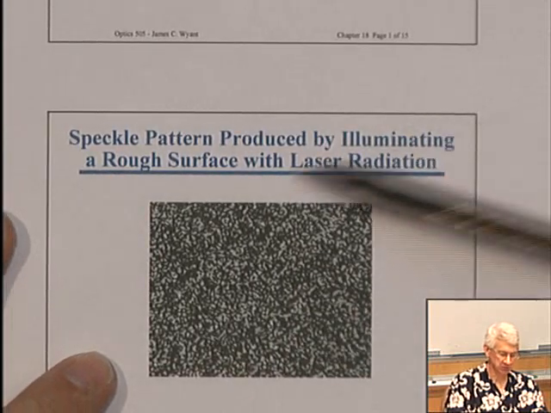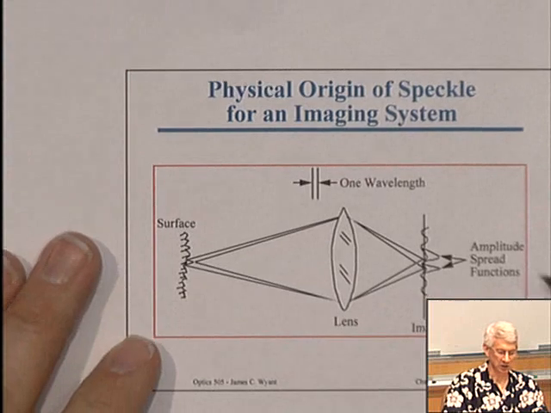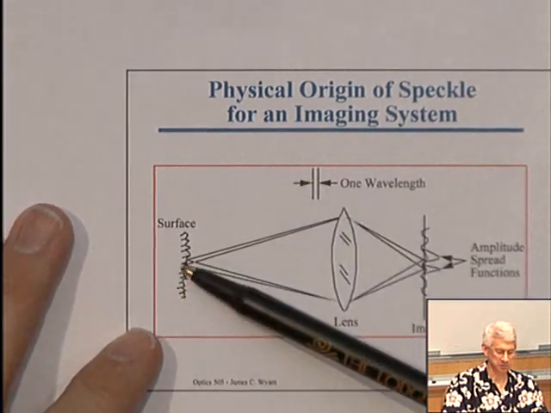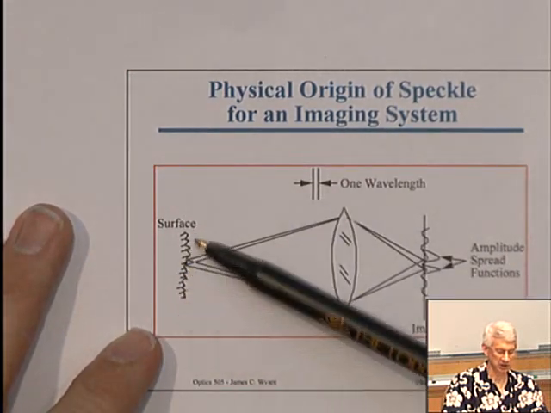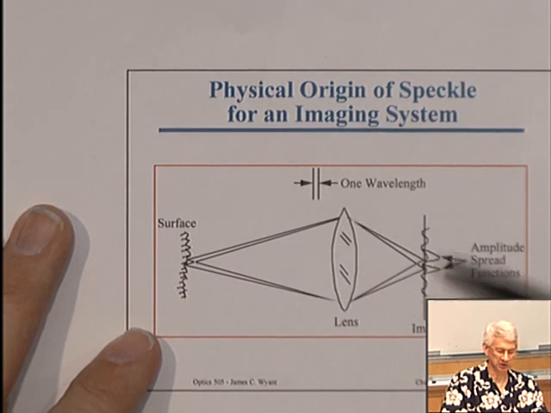So, speckle pattern. We just saw an example of one a minute ago. It's got to be a rough surface, and you've got to be some distance away. The basic problem here is that we've got a rough surface through an optical system. We're going to have different PSFs, and the phases of those PSFs, from a coherently illuminated surface, are random.